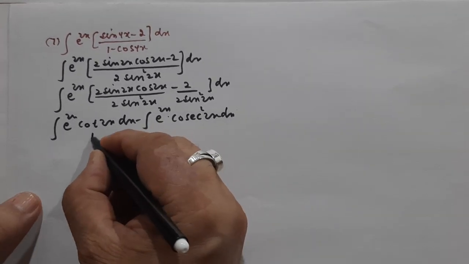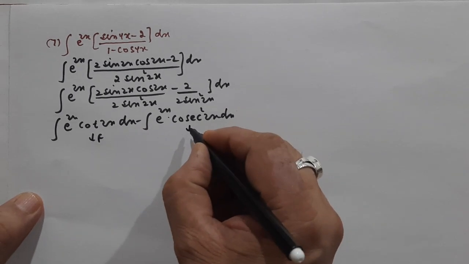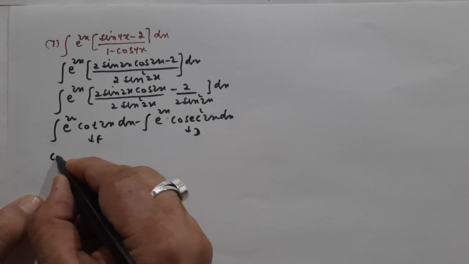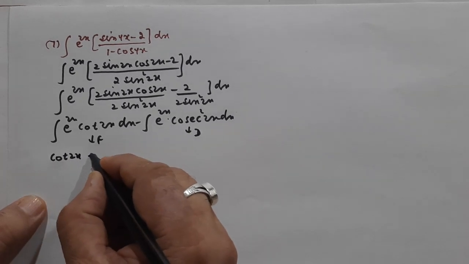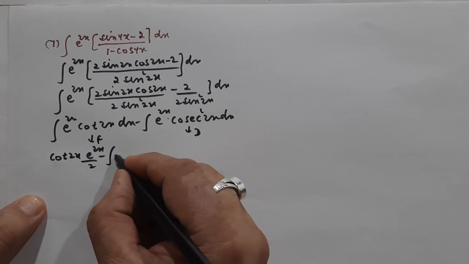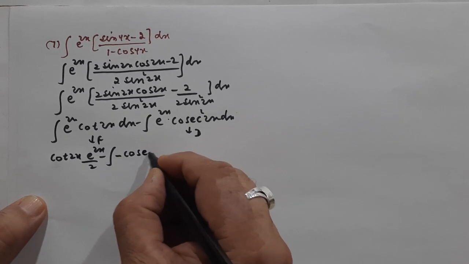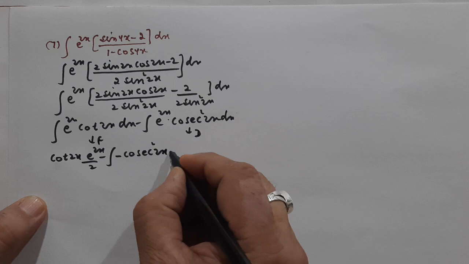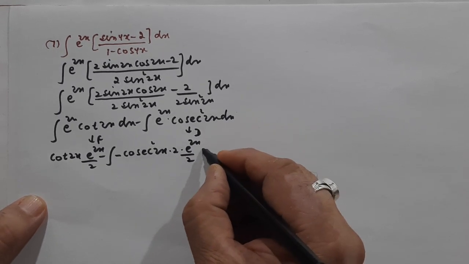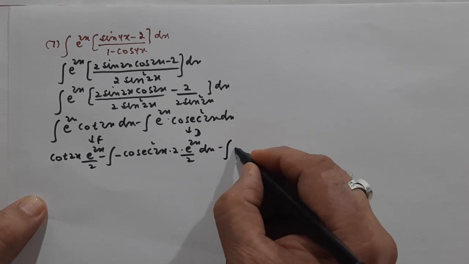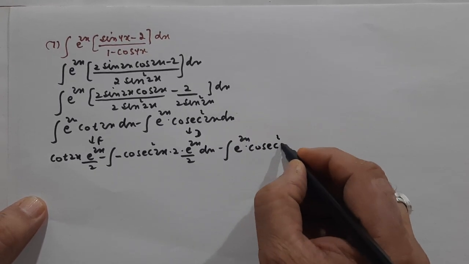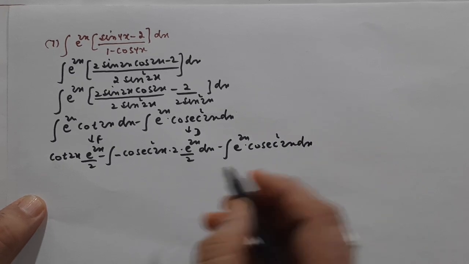Now students, cot 2x is the function and minus cosecant square is its derivative. So we use the formula: cot 2x, integral of e power 2x is e power 2x upon 2, minus derivative of cot 2x, which is minus cosecant square 2x, into 2, into e power 2x upon 2 dx, minus e power 2x into cosecant square 2x dx.